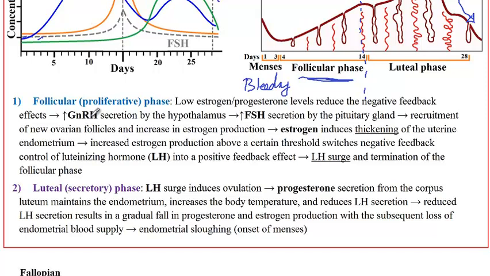So GnRH secretion will increase, as a consequence of which the hypothalamus secretes gonadotropin releasing hormone that acts on the pituitary to release follicle stimulating hormone, right? And follicle stimulating hormone will now recruit new ovarian follicles to increase estrogen production.